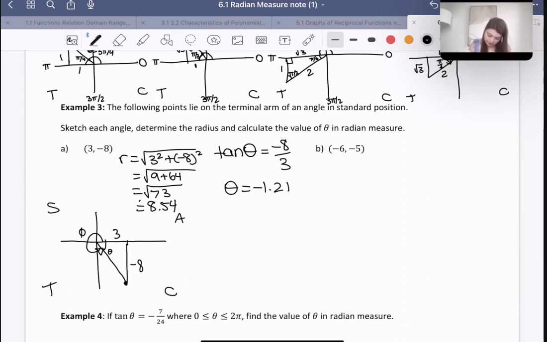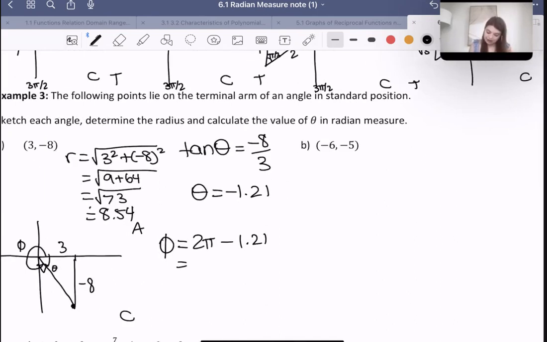There we go. So to find this, we would just have to do 2 pi radians minus this one. And we would get the answer, right? So that's how we could do it if they wanted that answer.